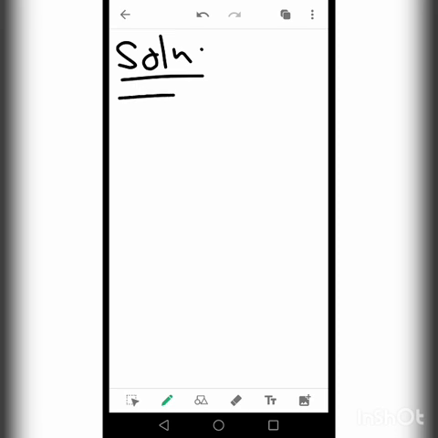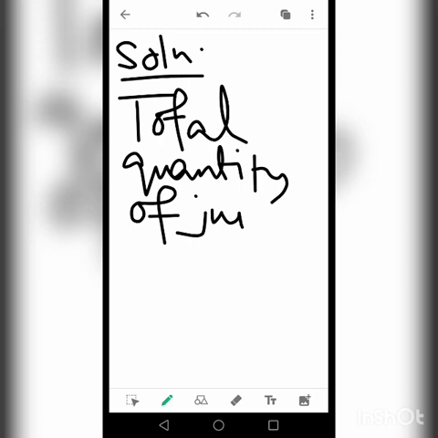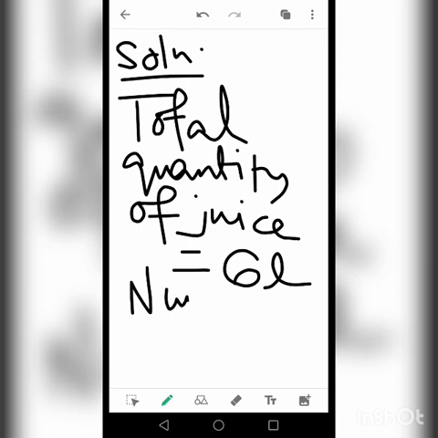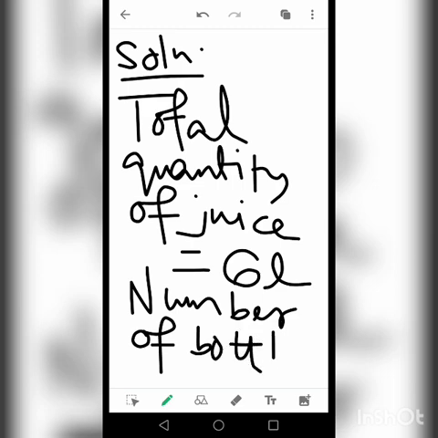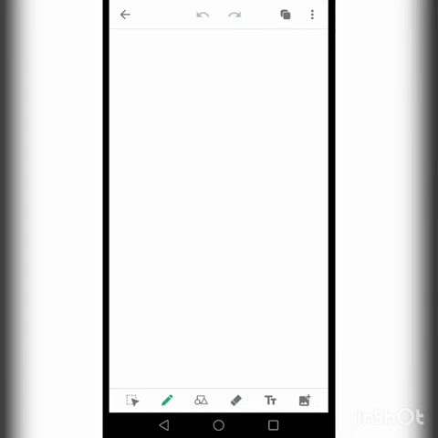We write total quantity of juice, this is 6 liters. Number of bottles, this is 3.